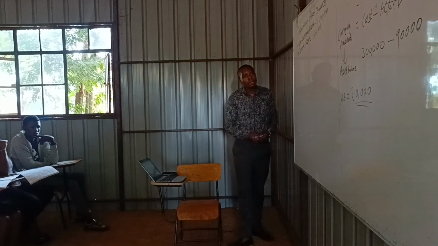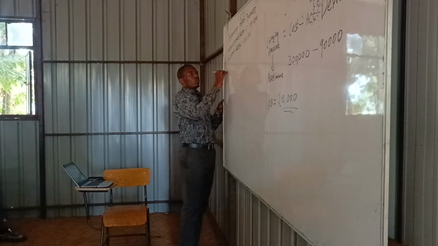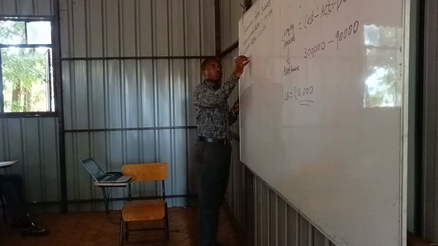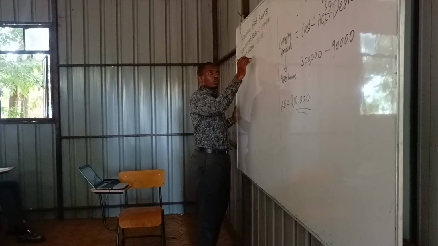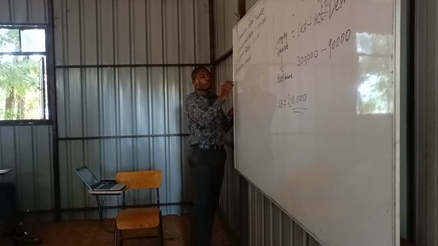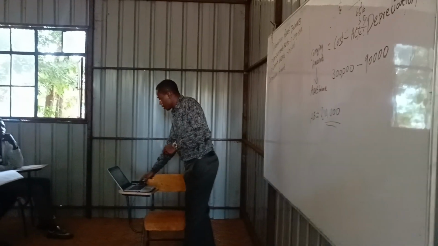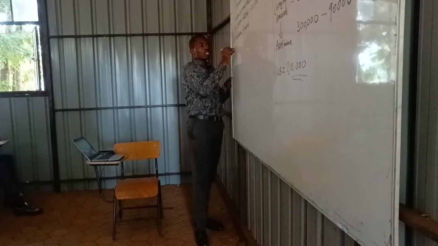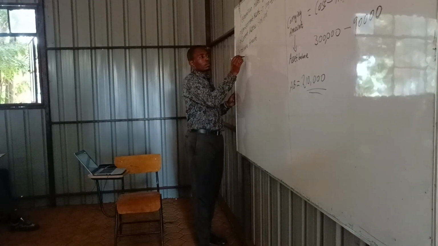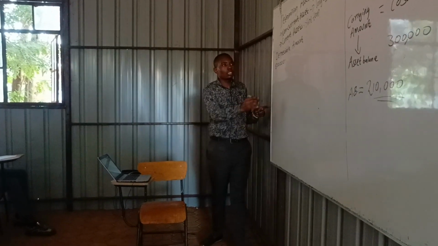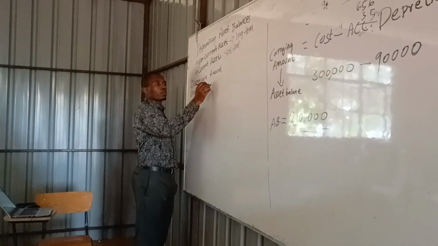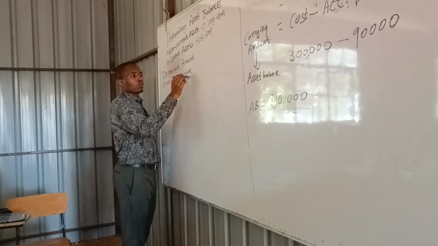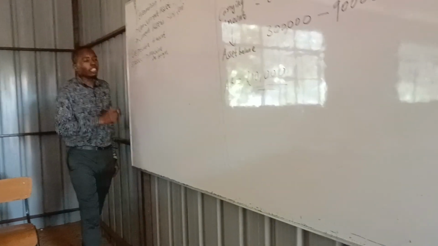So we want to calculate the depreciable amount. We are told a machine was bought at 800,000.